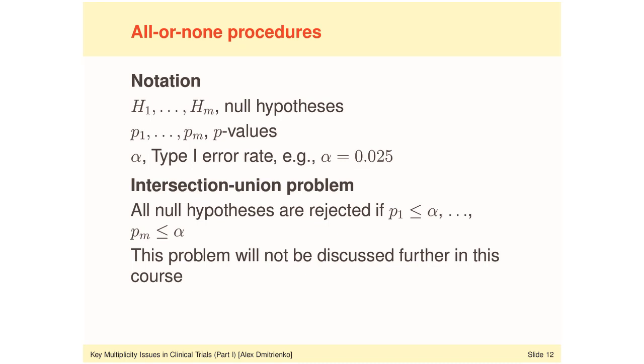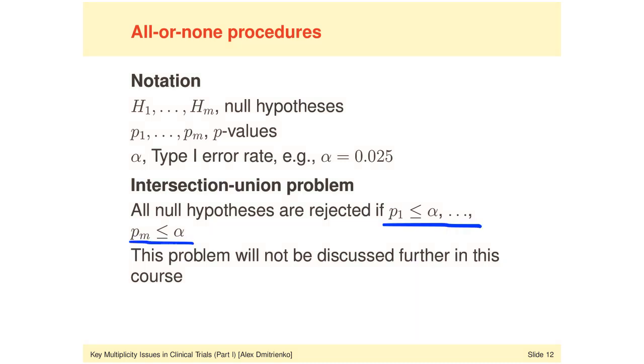Let us introduce the null hypothesis of no effect and the p-values based on appropriate statistical tests for the null hypothesis that are shown at the top of the slide. And alpha here will denote the overall type 1 error rate, which is the probability of incorrect conclusions. For example, a one-sided alpha of 0.025 could be used.